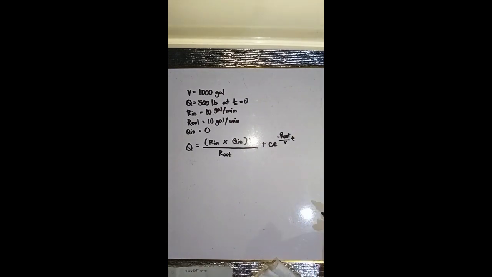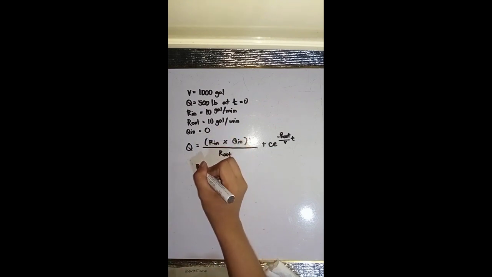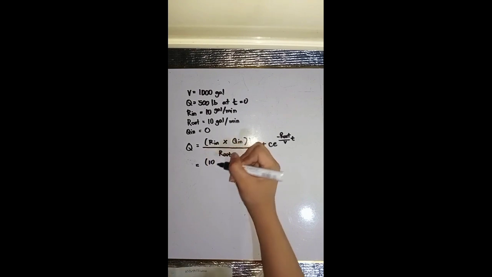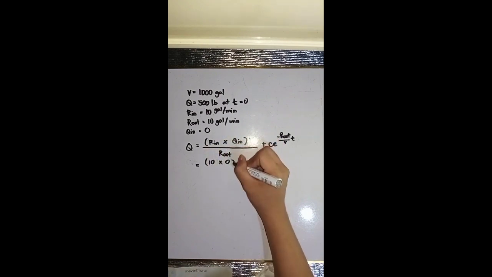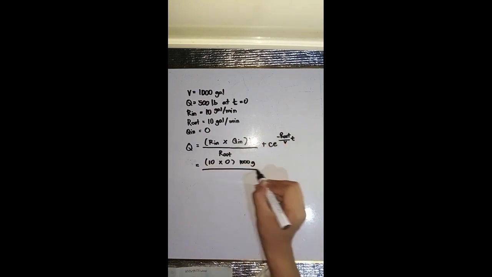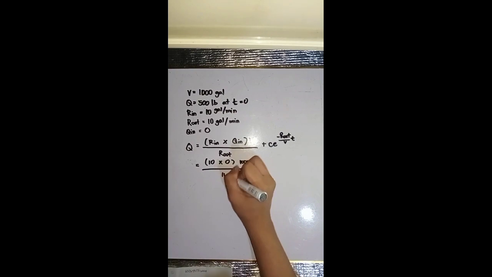Now to substitute all the values, Q is equal to R in, which is 10 gallons per minute, multiplied by Q in, which is 0, multiplied by 1000 gallons, which is V, over R out, which is also 10 gallons per minute.